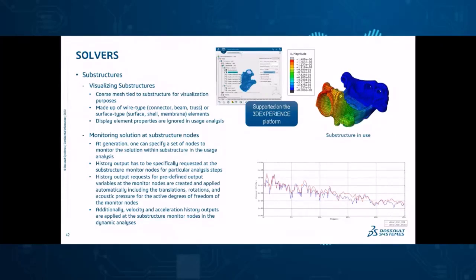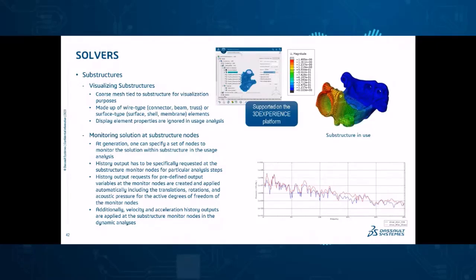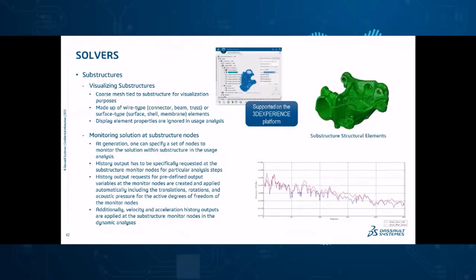For monitoring substructure nodes in the usage model, the monitor nodes are created using a node set in the generation model, and then again they're applied in the substructure property in the usage model. The monitor nodes are not connected to the usage analysis mesh, so they don't affect the simulation results, and obviously that means that you can't apply loads or boundary conditions or anything like that.